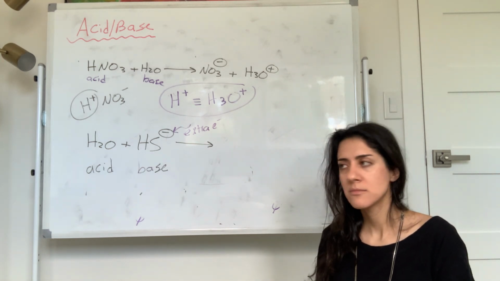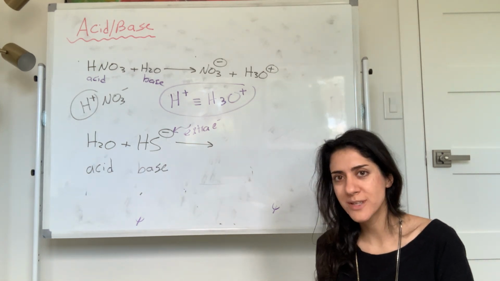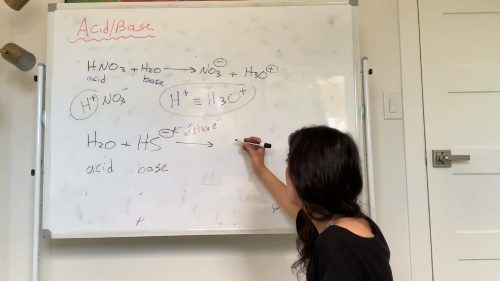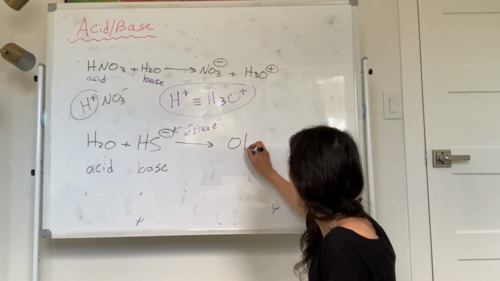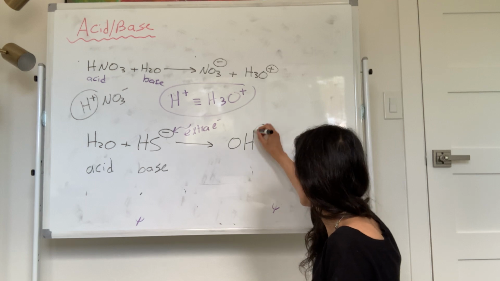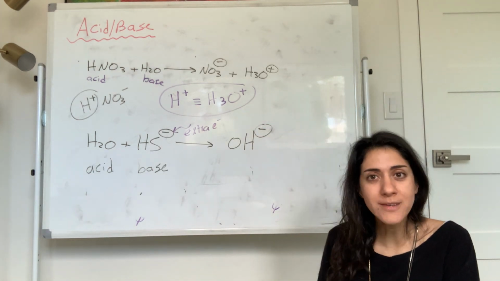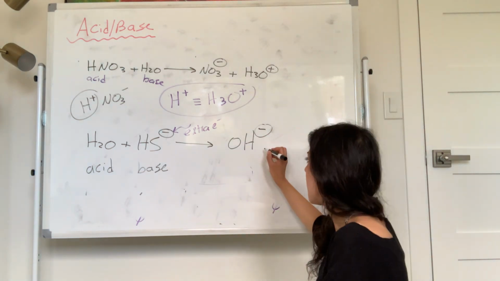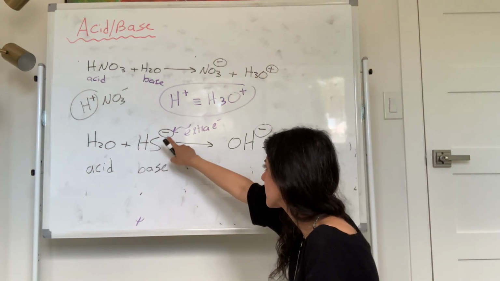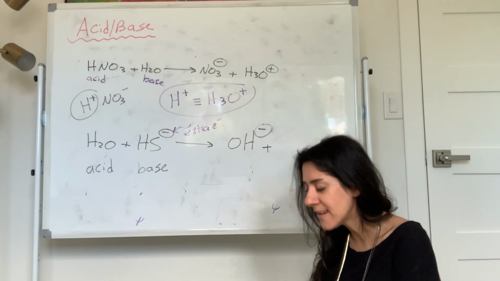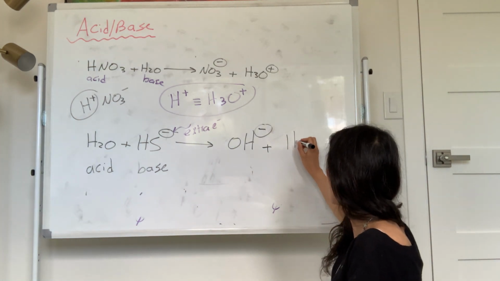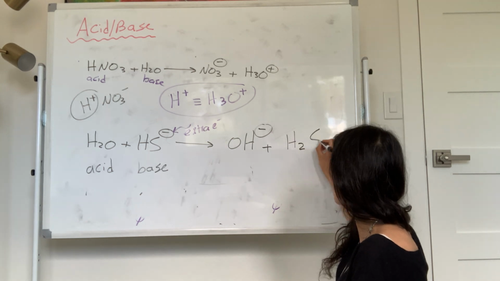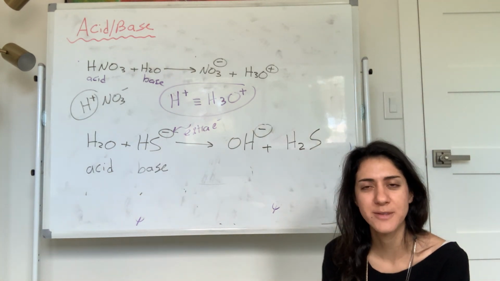Now, so water is going to lose a hydrogen. If water loses a hydrogen, it's going to become what? It's going to become OH minus. Because now you lost the hydrogen, now you have an extra electron. Now, HS minus is going to gain a hydrogen, so it's going to become H2S. You guys follow that?